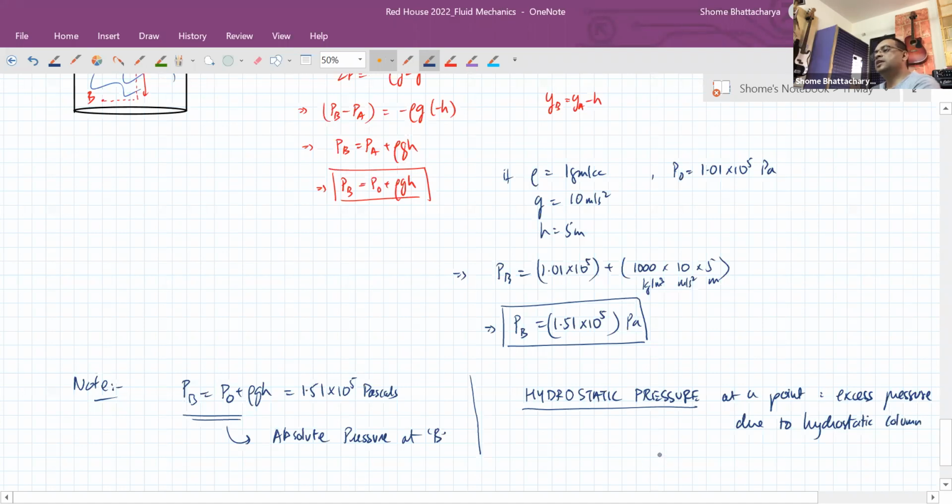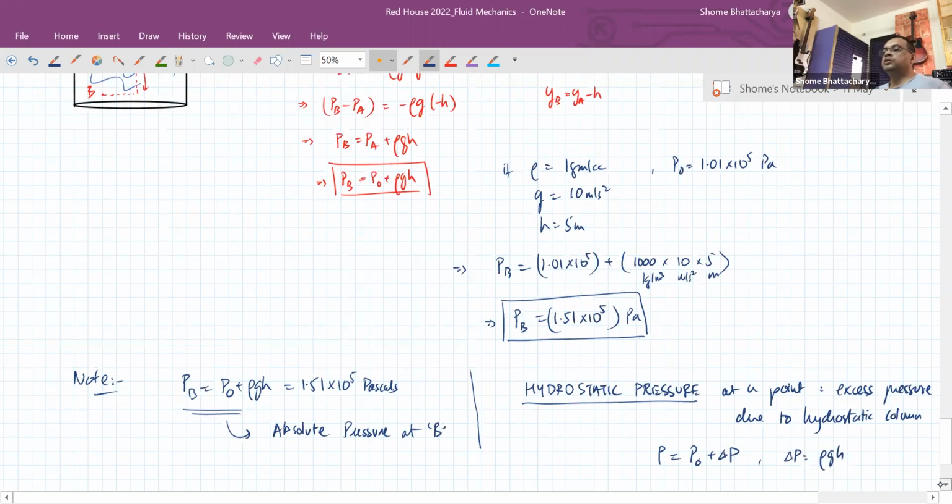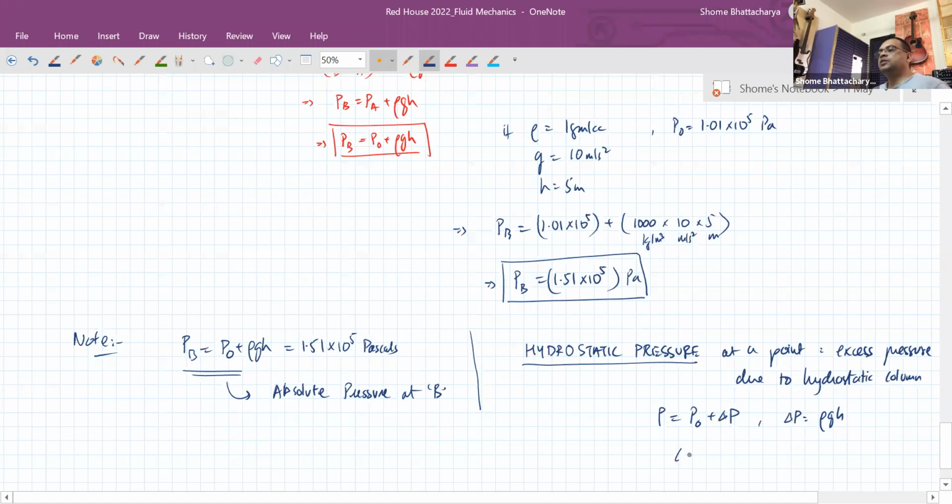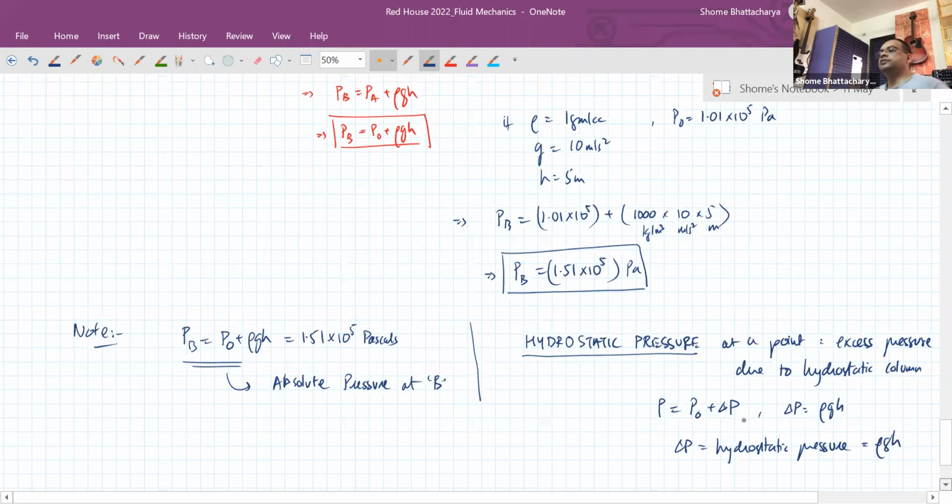So the absolute pressure is equal to atmospheric pressure plus some difference in pressure, where that difference in pressure is rho gh, if you take h as the depth from the open surface. So this delta P over here is called the hydrostatic pressure, and it's equal to rho gh, where h is the depth of that point from an open surface.